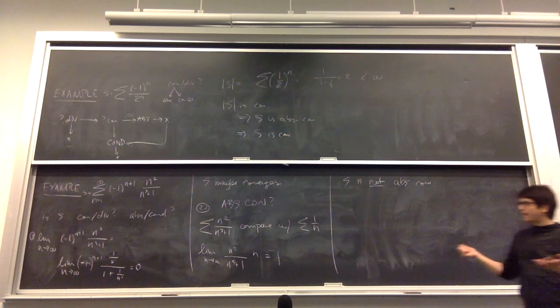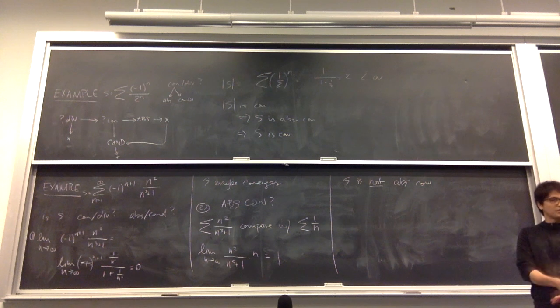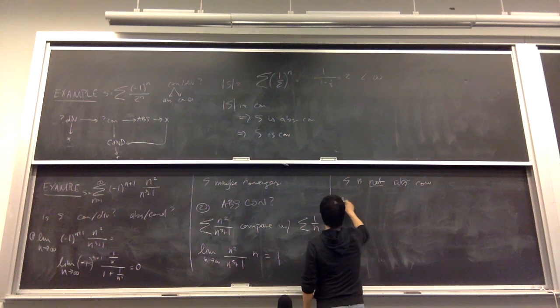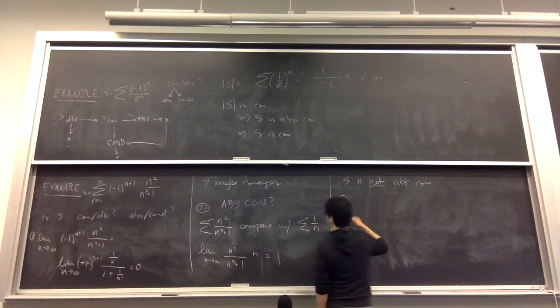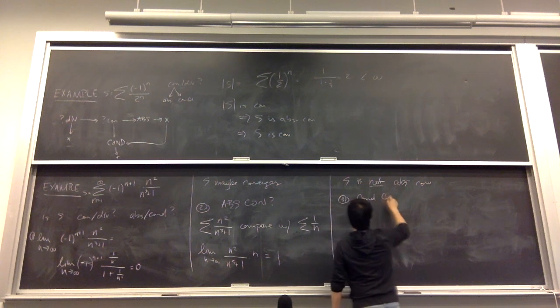Okay, so S is not absolutely convergent. So the only type of convergence possible here is conditional convergence, if it conditionally converges. So let's check for 3. Are we conditionally convergent? Let's try to check this now.